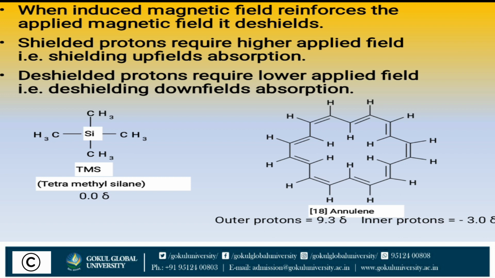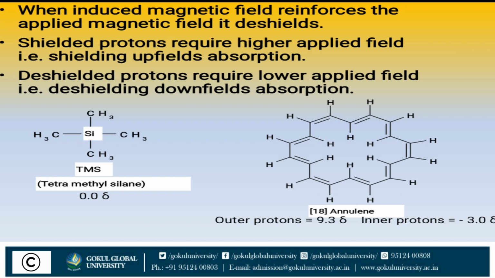Here two examples are given. One is TMS. TMS means tetramethylsilane, in which the four methyl groups have the same environment. Another example is 1,8-diaminonaphthalene type aniline.